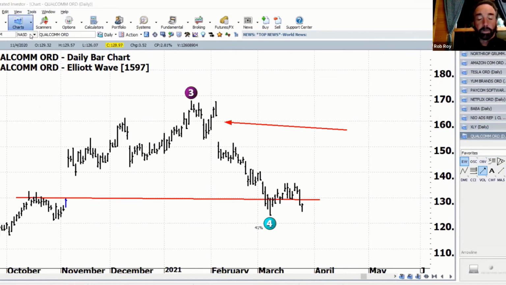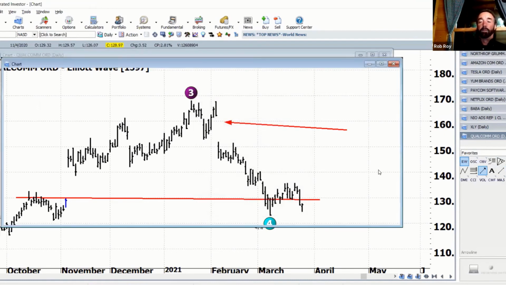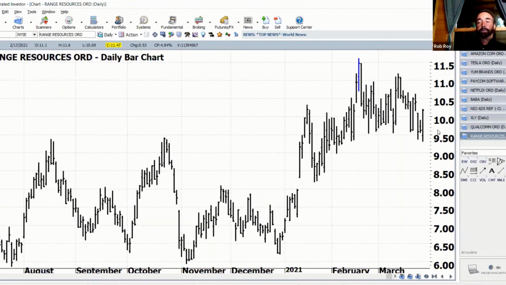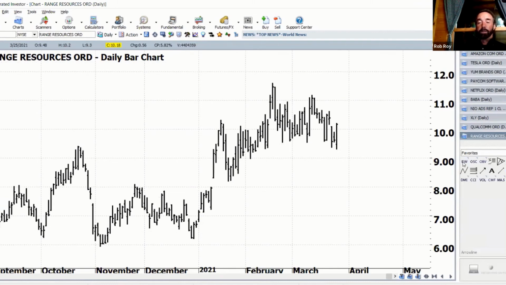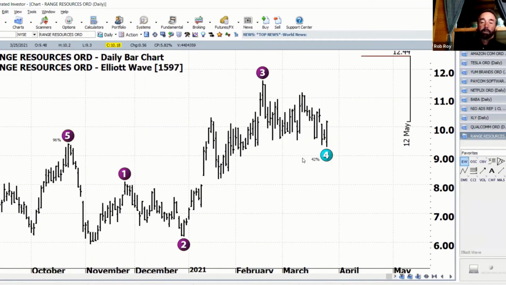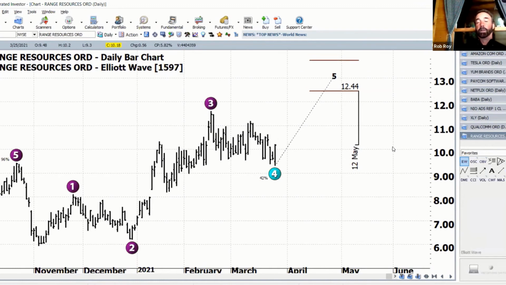Moving to RRC. These stocks have caught a bit of a bid here. Most of these little ones look good today. So you can see that wave 4 correction at 50%. So it could just be that this 2 months of frustration and pain that we've been dealing with is just all part of bigger patterns that are taking time to work themselves out.